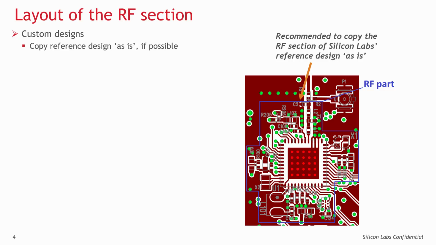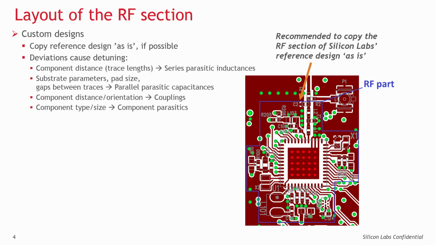Compared to a reference layout design, different component distances and trace lengths introduce different parasitic inductances. Different substrate thickness, dielectric constant and gaps between traces introduce different parasitic capacitances. Different component distance, orientation, and relative orientation introduce different coupling between components.